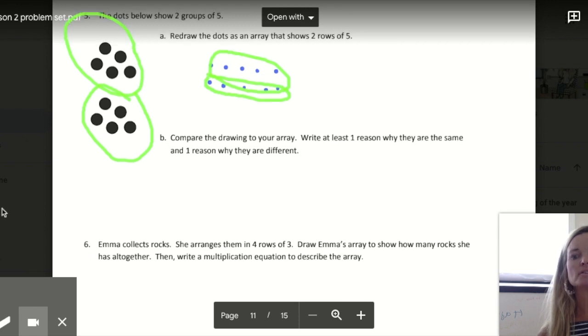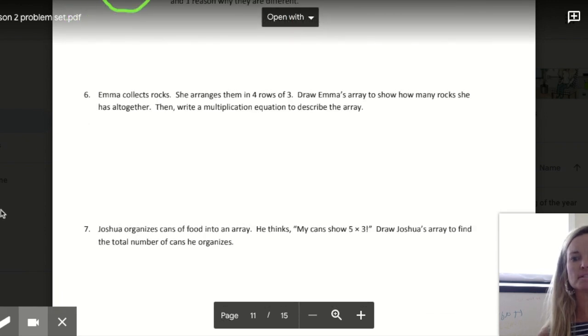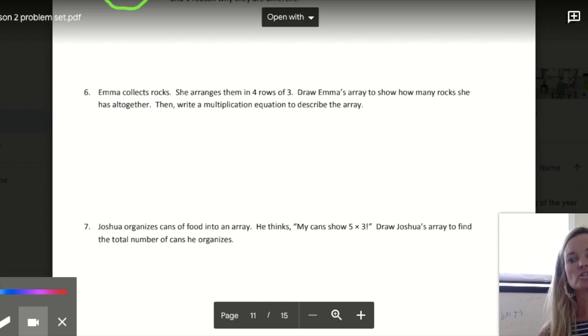All right, let's go on down to number 6. It says Emma collects rocks. She arranges them in rows of 3. Draw Emma's array to show how many rocks she has altogether. Then write a multiplication equation to describe the array. So I have to do 2 things. I have to draw the array.